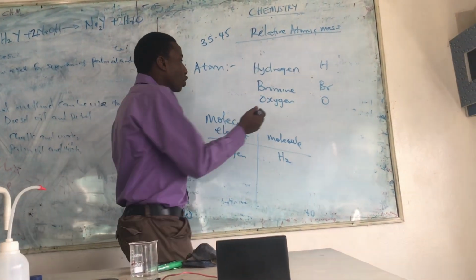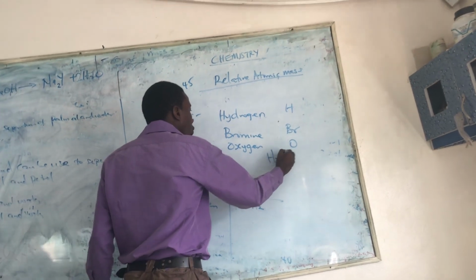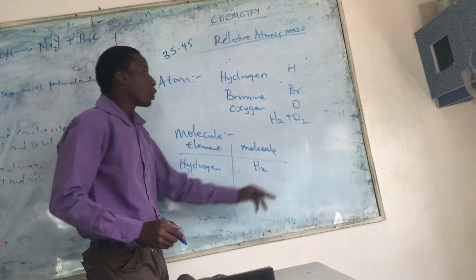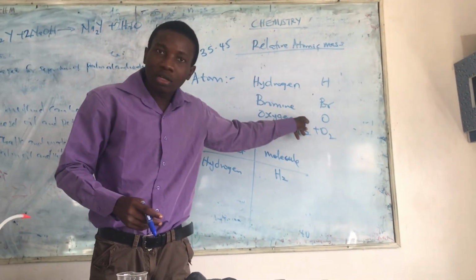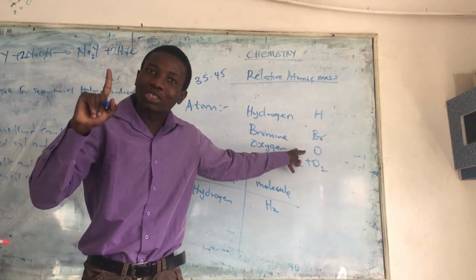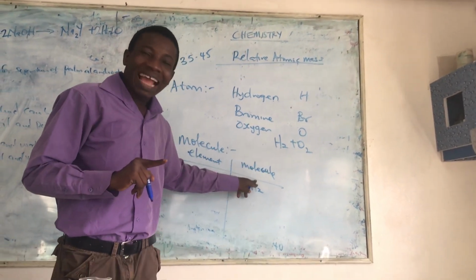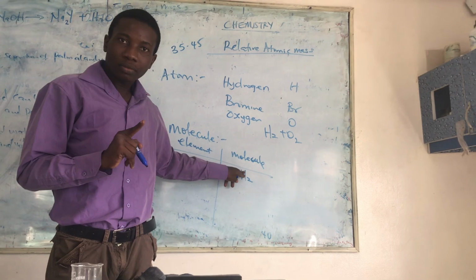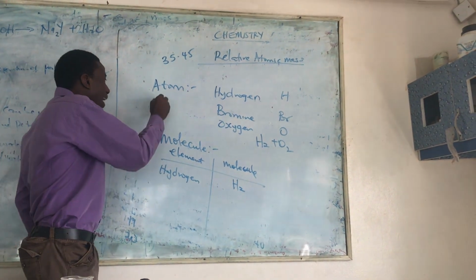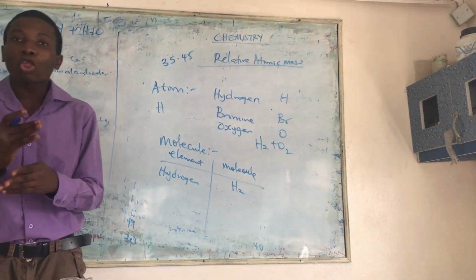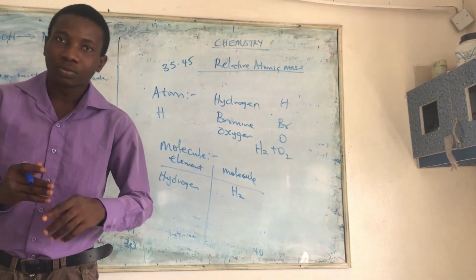That is why in chemical equations you can see them writing H2 plus O2, because they are in molecule form. One molecule of hydrogen is H2. That is how it can exist. That means writing H in a chemical equation is wrong, because an atom cannot exist alone.